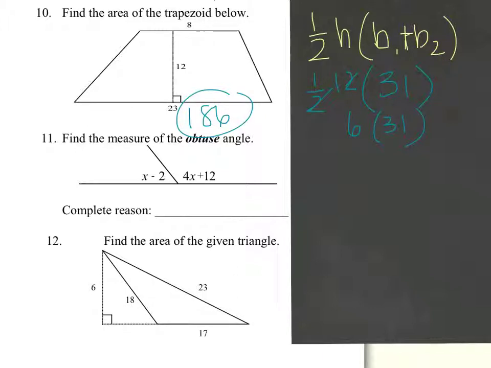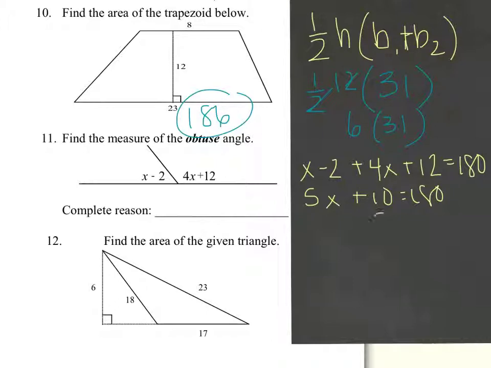All right, let's look at 11. 11 is finding the measure of the obtuse angle. The first thing I need to do is figure out what x is, and I need to not set them equal to each other because they don't look equal to each other. I'm also not going to set them equal because they are supplementary, which means they add up to 180 because they're linear angles. So I have 5x plus 10 equals 180, 5x equals 170, and x is 34.